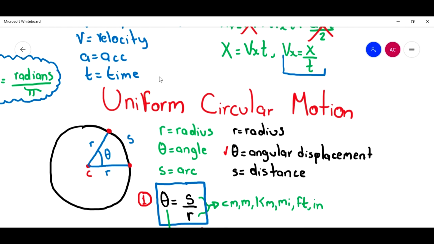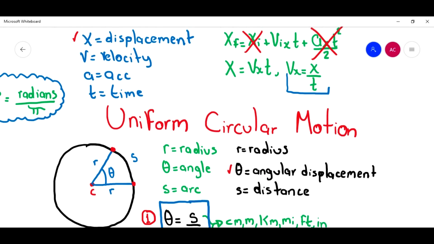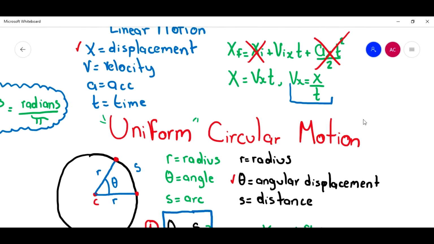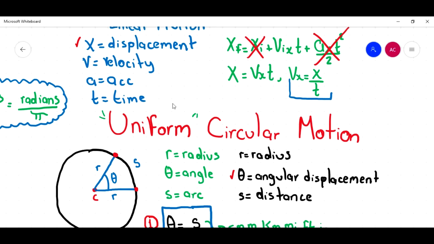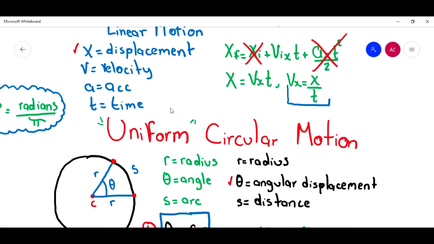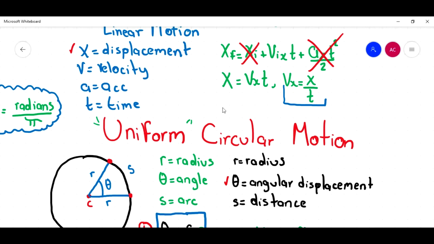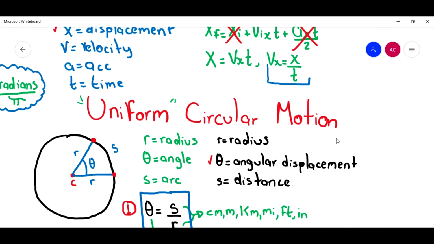I repeat, uniform means that the velocity is going to be constant, but I'm putting it in quotation marks because in the next video we're going to see that this might not be true. But in this video it's going to be uniform, so there is no acceleration. If there is no acceleration, there is no change in the magnitude of the velocity. The magnitude of the velocity is going to remain exactly the same.